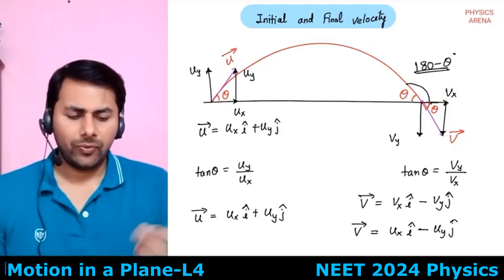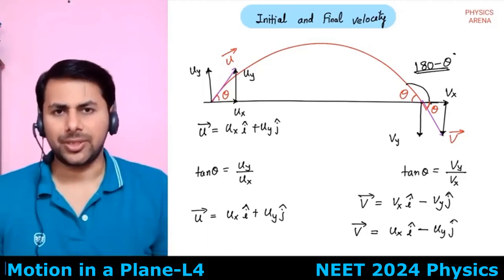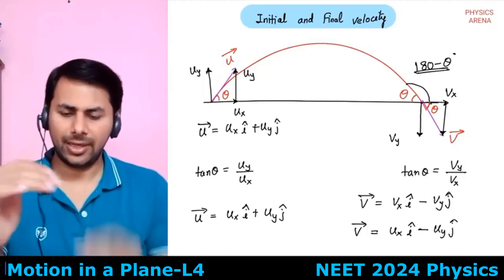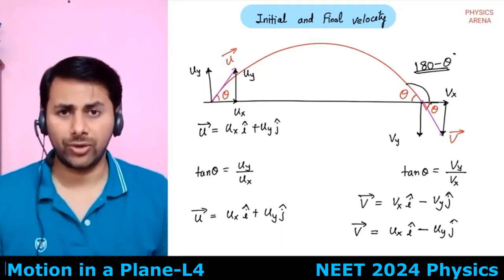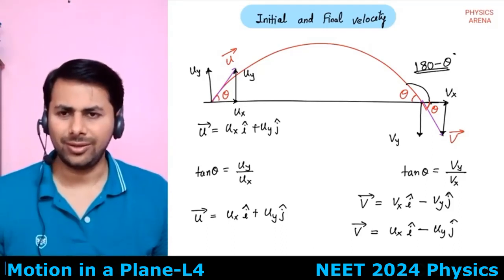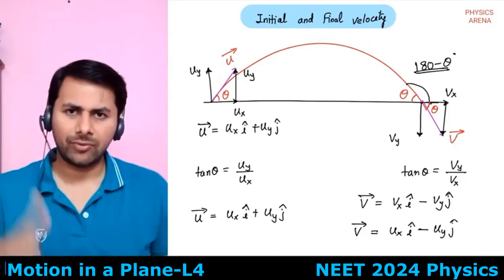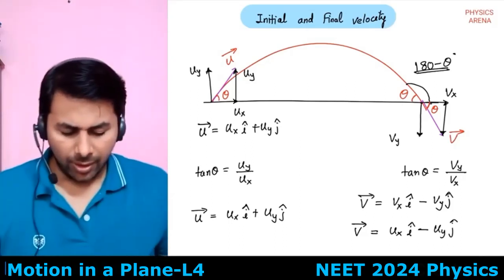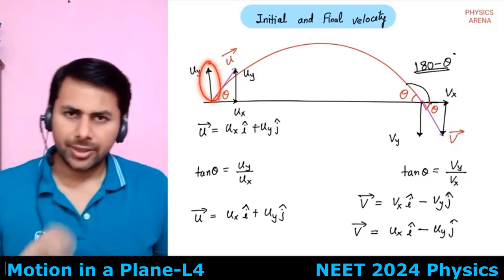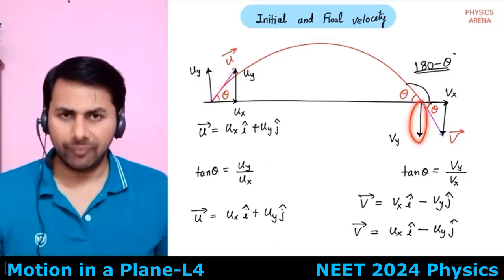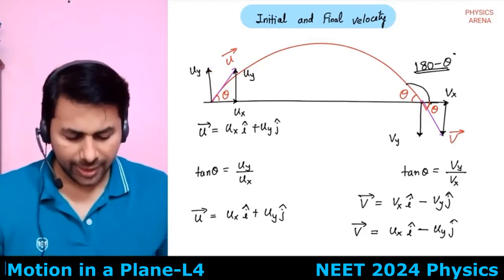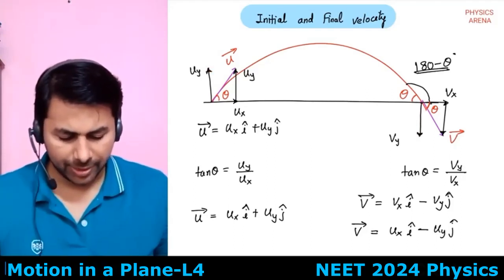When you throw something vertically upwards with some velocity, it goes to some height and comes back with the same velocity. So if you think of the y direction of motion only, the velocity with which you throw it up comes back with the same velocity. So uy equals vy.